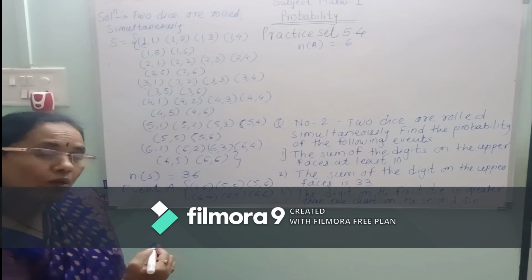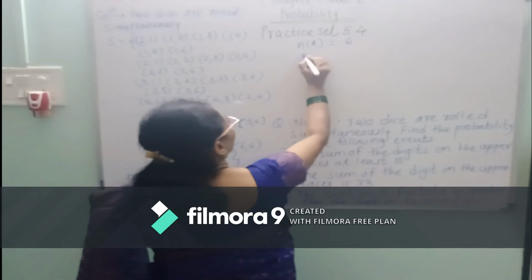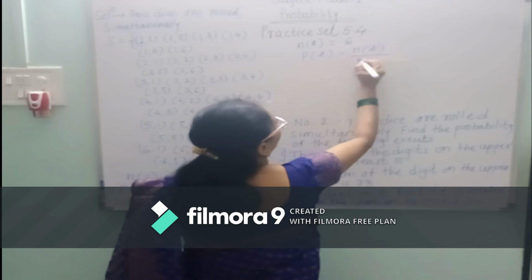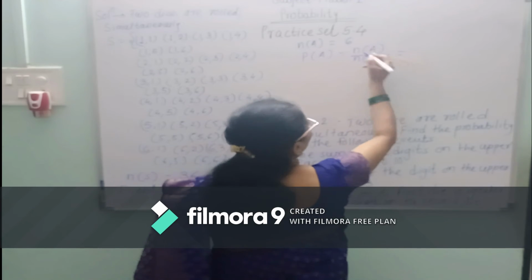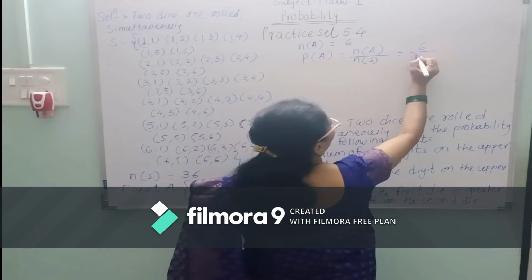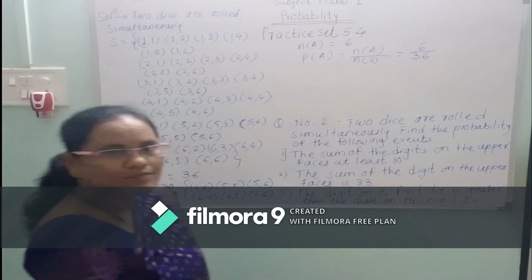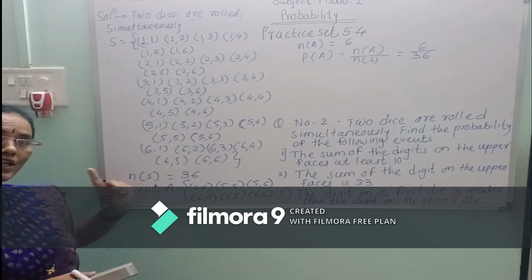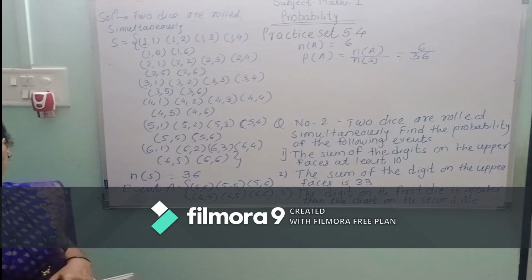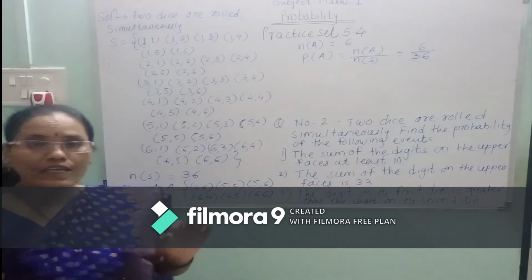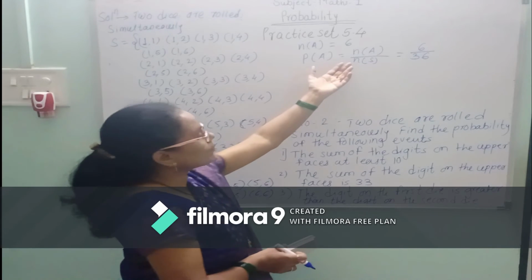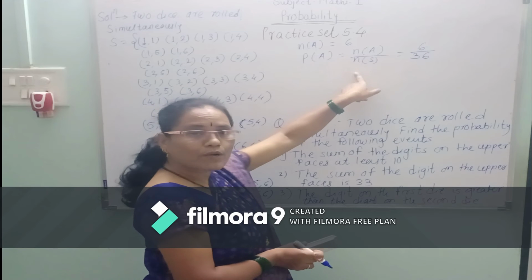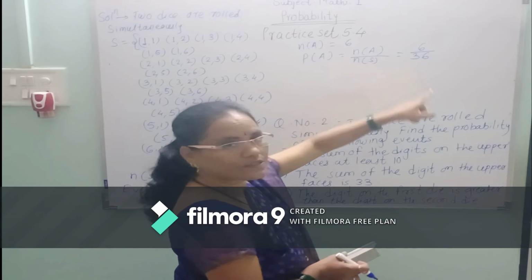Now find the probability of event A. The formula is P(A) = n(A) divided by n(S). Here n(A) is the number of sample points in event A, and n(S) is the number of sample points in the sample space, which is 36.